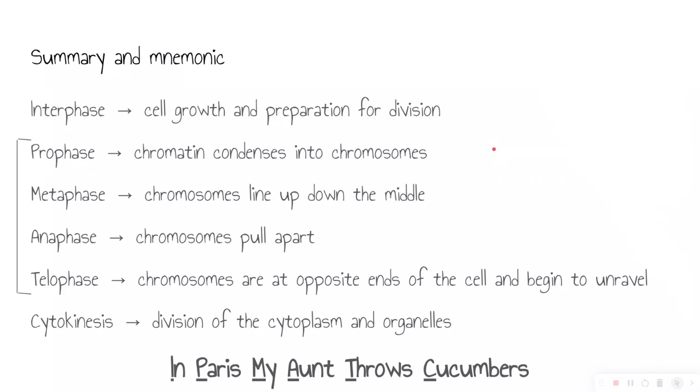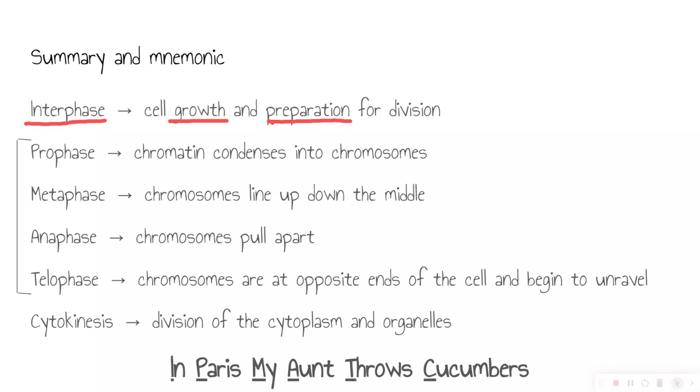So now let's look at a summary. So remember, interphase, that was before mitosis happens, and that is cell growth and preparation for division. And we're going to have those checkpoints, and if at any point the cell is not ready to divide, we're going to shut it down, and we're not going to go through with mitosis.